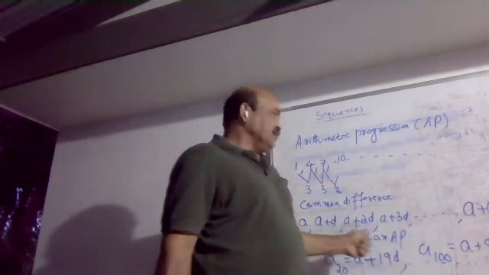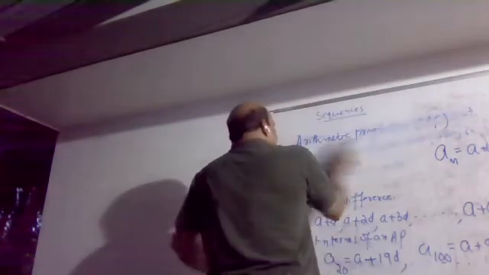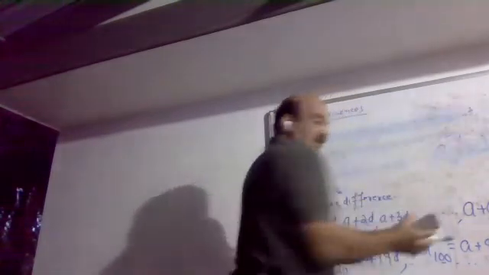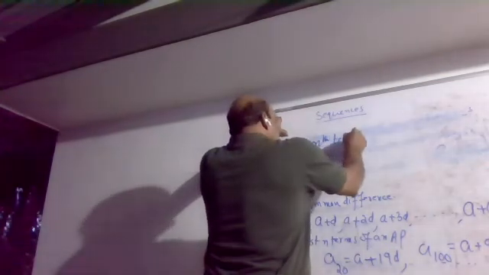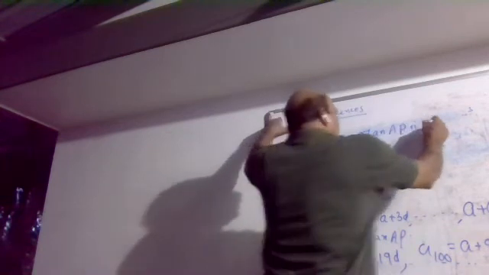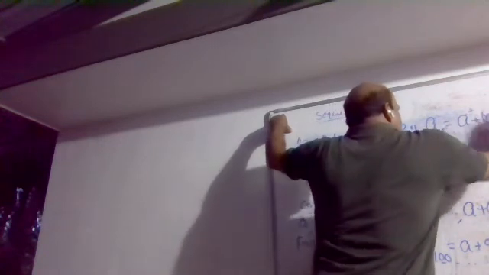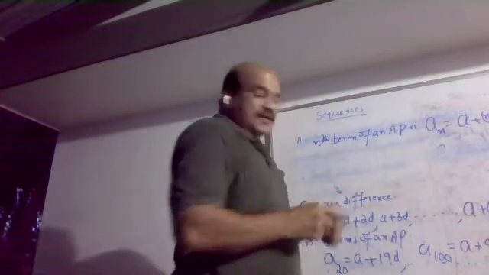The nth term is given by A plus n minus 1 into D. The formula is An equals A plus n minus 1 into D, where A is the first term and D is the common difference.